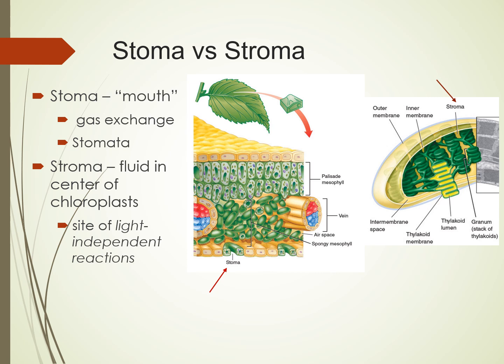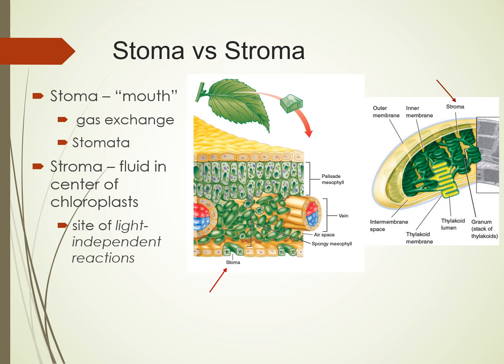There are two parts of plant cells that have similar names but serve very different functions and are in different parts of the leaf. These two parts can be confusing, so before we get any further, let's look at them. The stoma, without an R, means mouth and is a little opening on the exterior of a leaf where water and oxygen are released and carbon dioxide is taken in. Notice on the bottom on the left picture where the red arrow is.